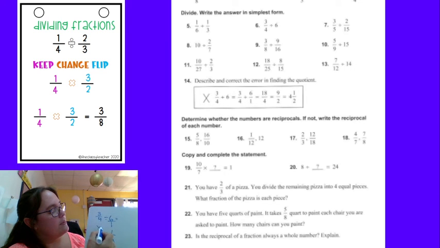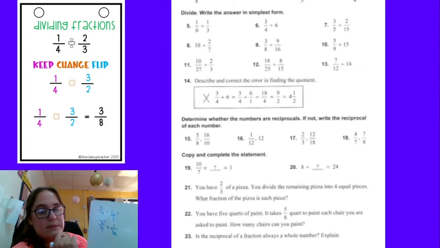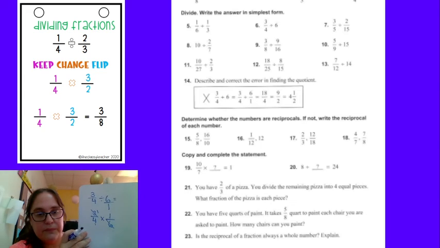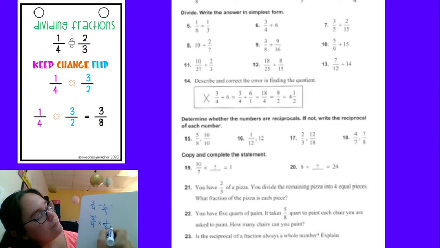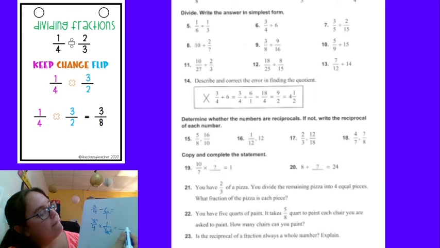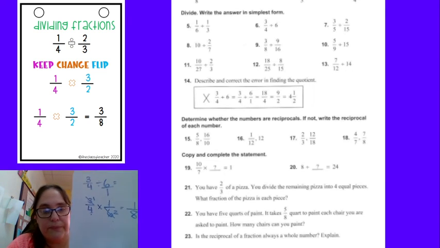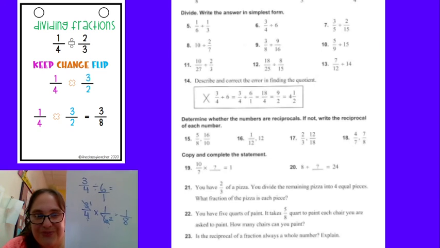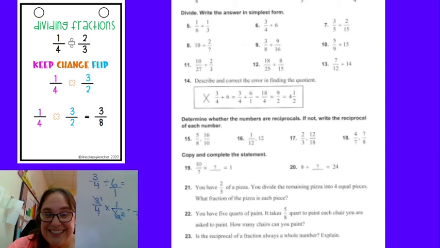Okay, 3 divided by 3 is 1. 3 times what gives you 6? 2. Okay, multiply across here, multiply across here. Oh, and I just realized the error. Did you? Did you catch my error too?